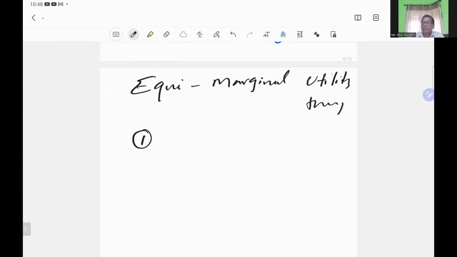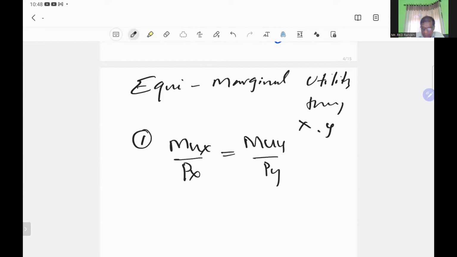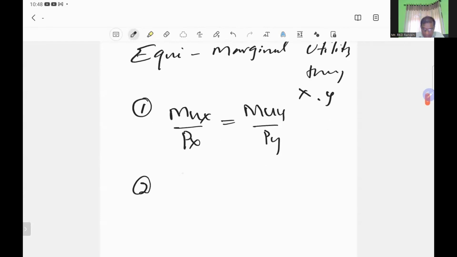Whatever the goods, you can assume that there are two commodities, X and Y. Then MUX divided by price of X equals MUY divided by price of Y. Then the second: quantity X into price of X plus quantity Y into price of Y equals income. Right? Income is equal to expenditure.